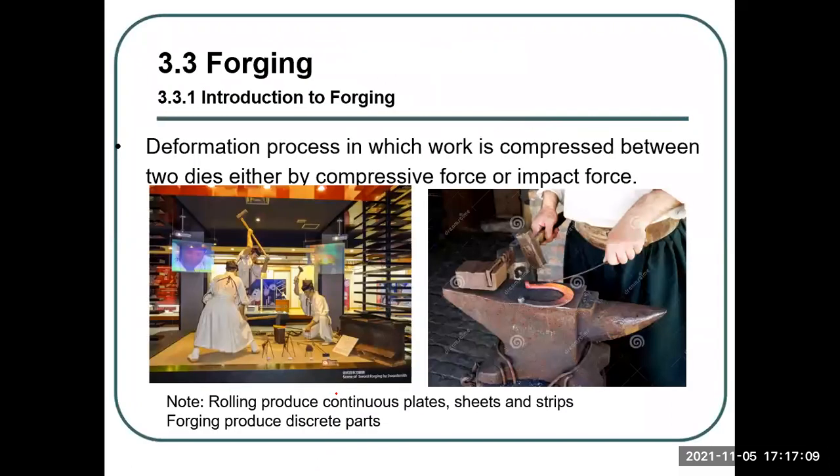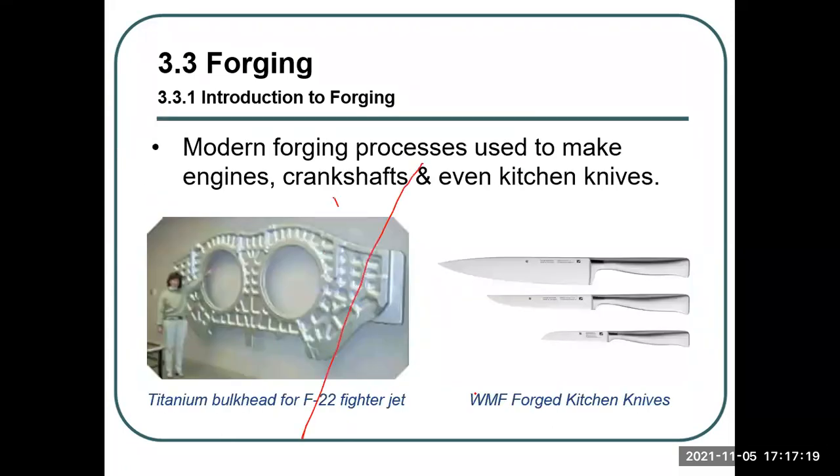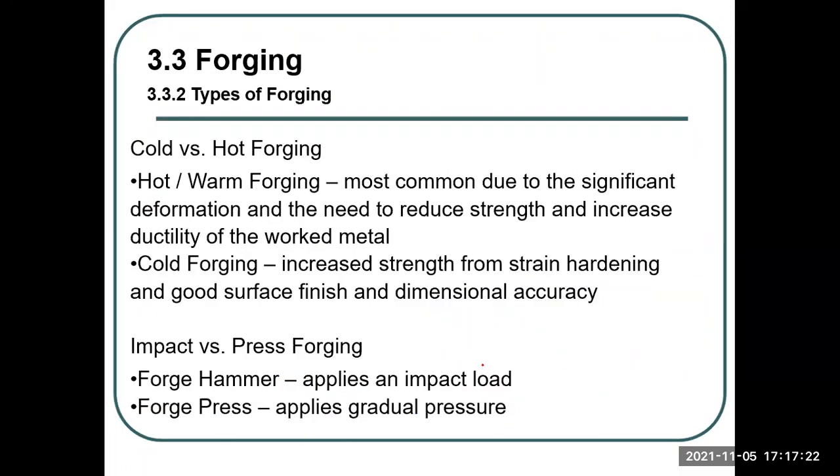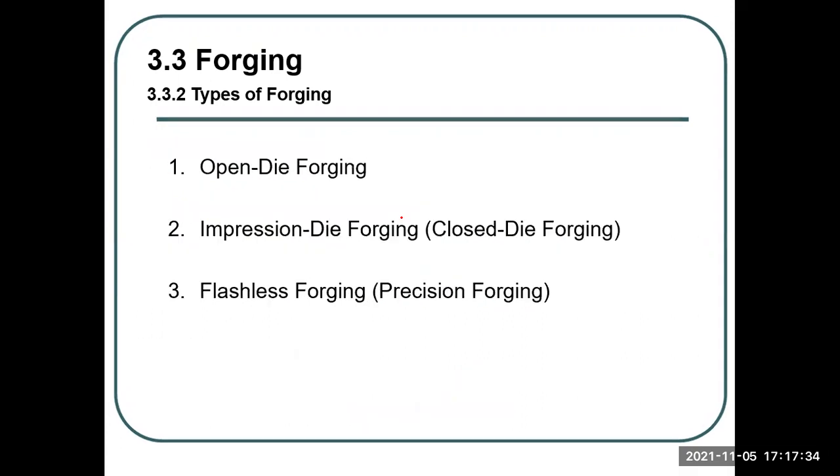And the last one, forging. Forging is just compression, right? Either by compressive force or impact. Okay, so continue. This one, no need. So we have cold and hot forging. These are some categories, so you just make yourself familiar with them.